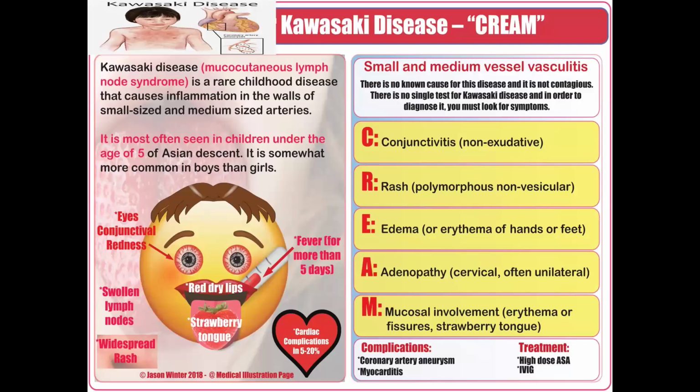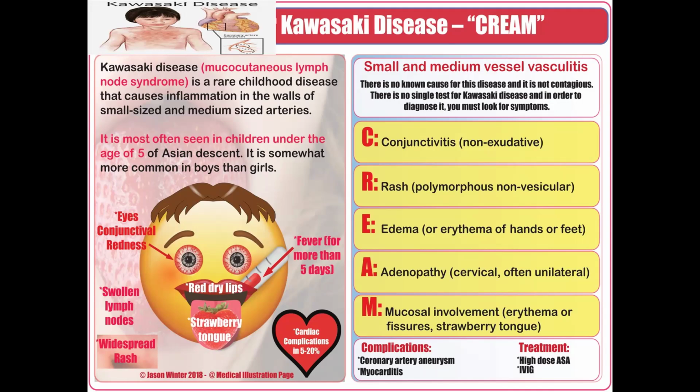Kawasaki disease. Kawasaki disease is basically a mucocutaneous lymph node syndrome. It's a rare childhood disease that causes inflammation in the walls of small and medium-sized arteries, most often in children under the age of 5 of Asian descent.